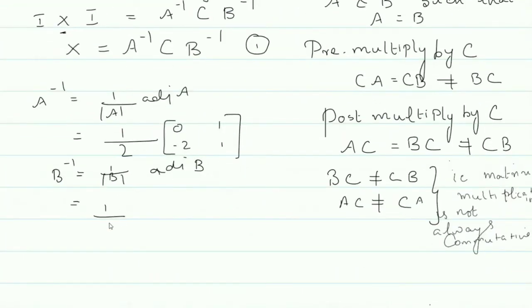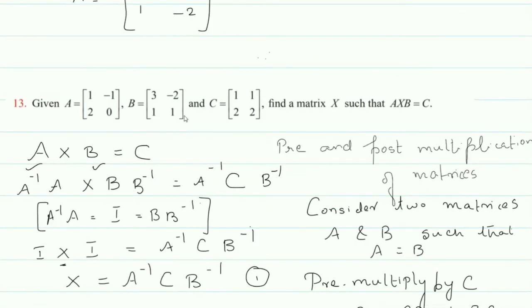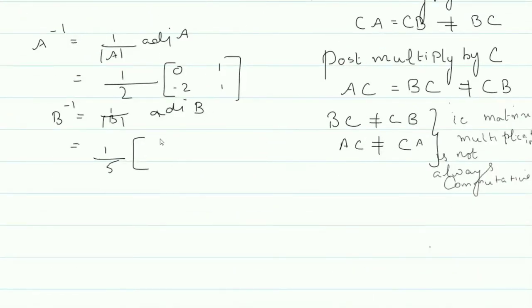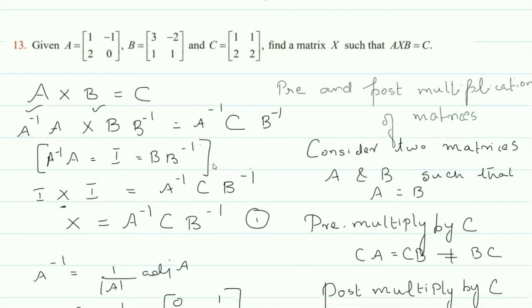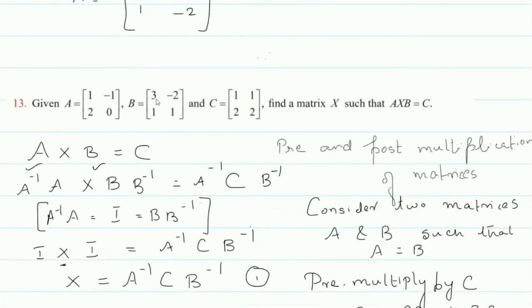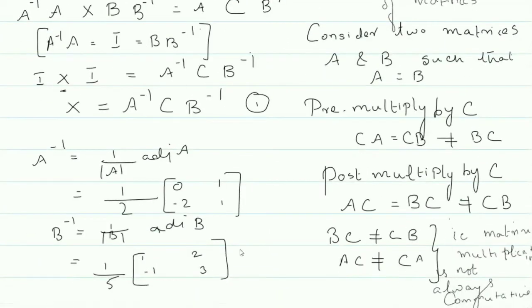So that is 1 by 5 adjoint of B. For adjoint of B, interchange these two numbers, 1 here and 3 here, change the sign, plus 2 and this is minus 1. So adjoint of B is 1, 2, minus 1, 3.